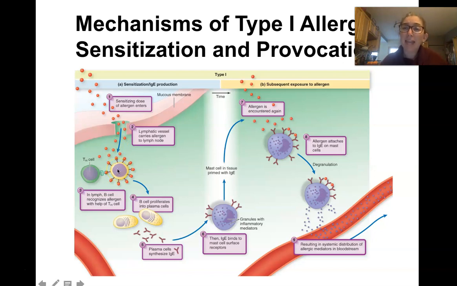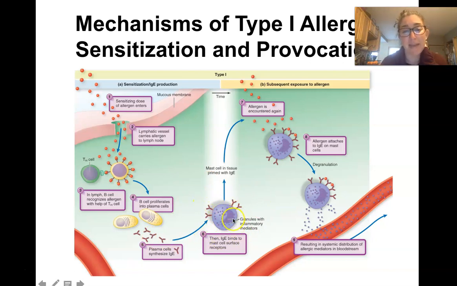Remember, B cells can actually be antigen presenters, and they recognize these antigens and present them to a T helper cell, and the T helper cell then activates that B cell to start making IgE antibodies specifically. Now the IgE antibodies go and bind, basically covering these specialized white blood cells.